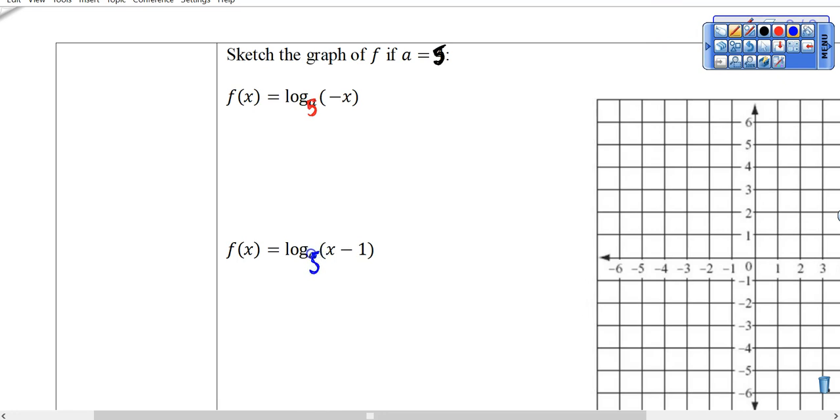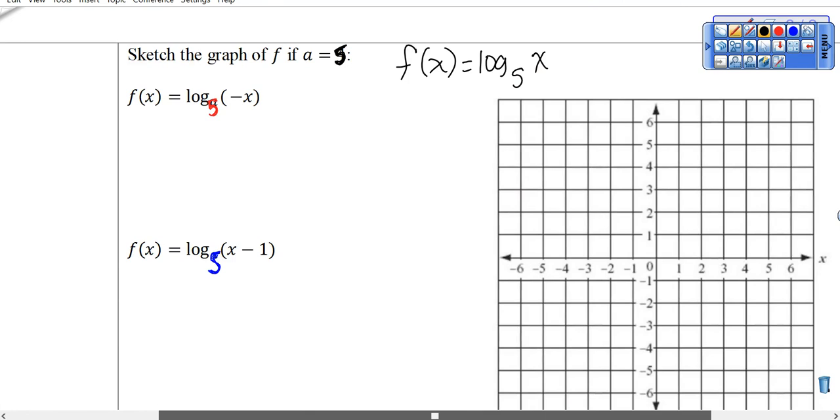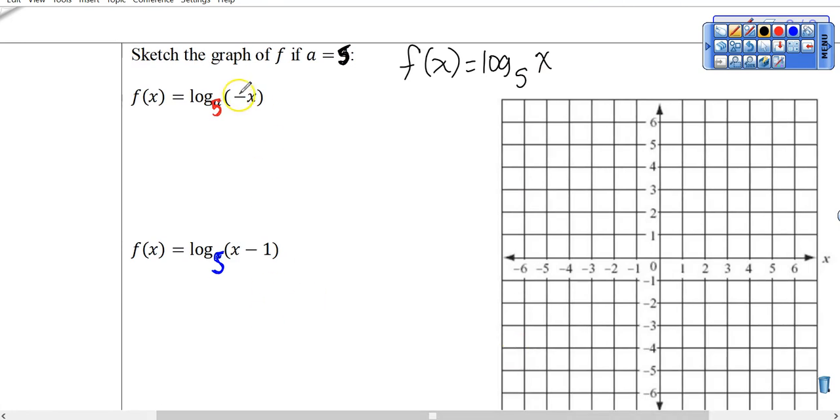But here's the thing. I would really prefer to use my transformations and just graph f of x is equal to log base 5 of x and use the parent function without any transformation. So I can use those 3 points and then transform them using the values that I'm given.